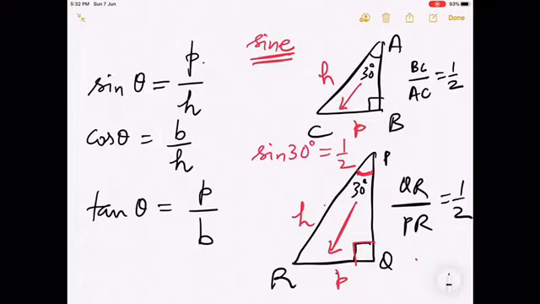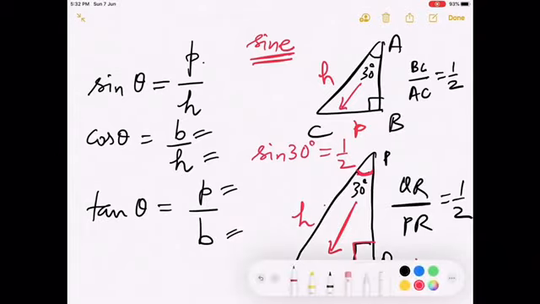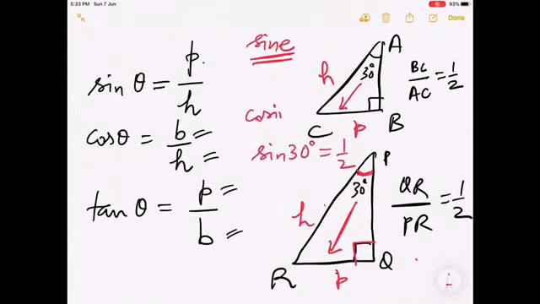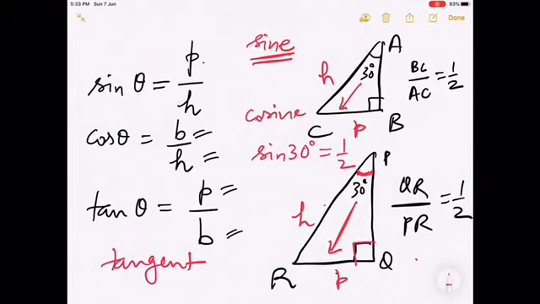So we should know that for any right angle triangle, the ratio of perpendicular upon hypotenuse is denoted as sine theta, the ratio of base upon hypotenuse is denoted as cos theta, and the ratio of perpendicular upon base is denoted as tan theta. Now this cos is nothing but short for cosine, and tan is nothing but short for tangent. So these are the three ratios which we have to consider at first: sine theta, cos theta, and tan theta.